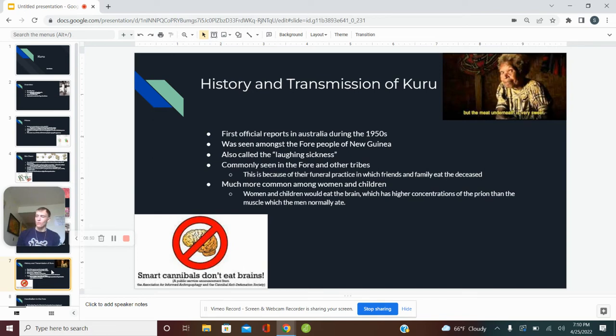Now, these prion proteins can be found in very small concentrations, very rarely in the muscles. They can be found, but usually they're found in neural tissue and especially the brain. They're in massive concentrations in the brain.